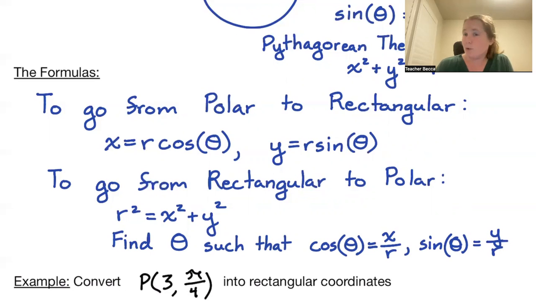So again, we need both of those to be true because there are two positions on the unit circle that give the same cosine and two positions on the unit circle that give the same sine. So you have to find the one that agrees in both places.